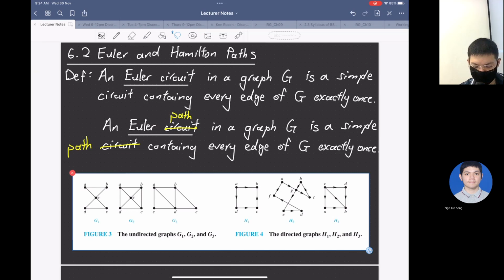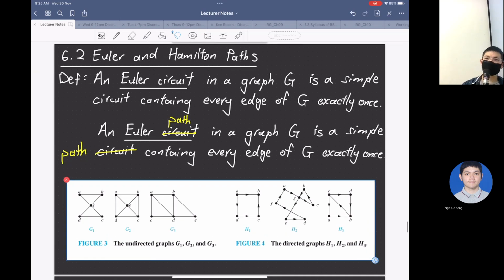Draw a circuit or path that passes every edge exactly once. Try and draw and see if you can find. You can discuss with your friend.